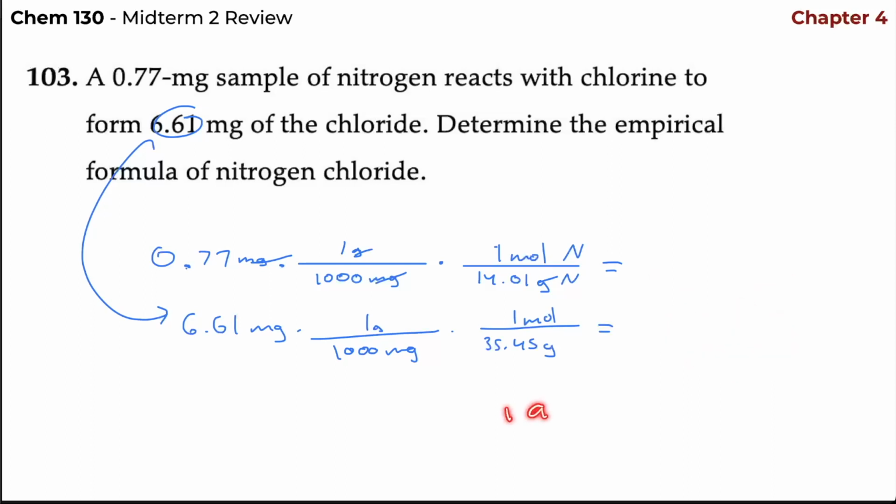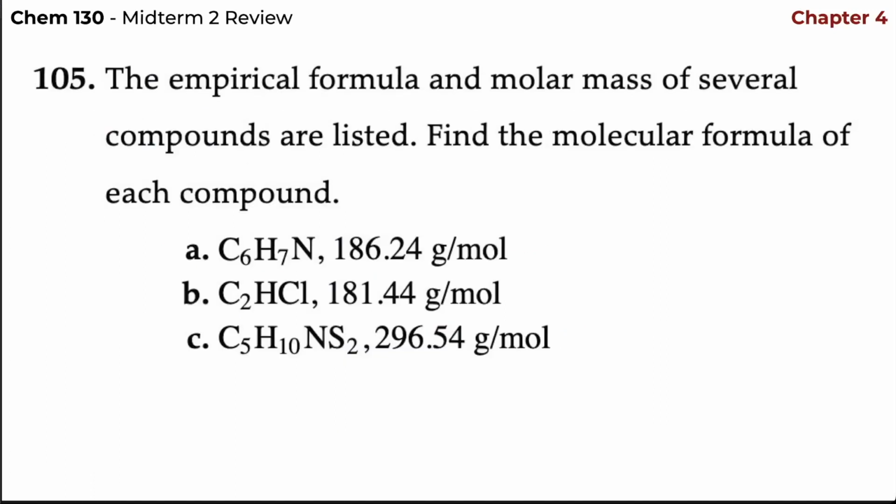And that's going to give us our ratio. And if our ratio is a positive number, good. Otherwise, if it's not, multiply it by like 2 or 3 or whatever until it is. And I'll just tell you that this one is going to be this times 3. The ratio is going to be times 3. So the final answer is going to be NCl3.